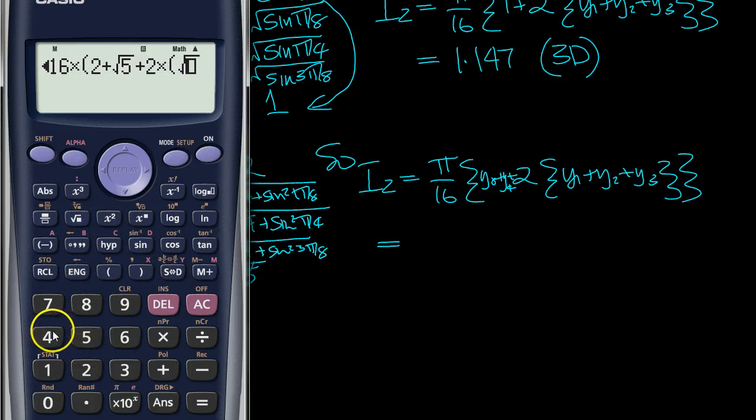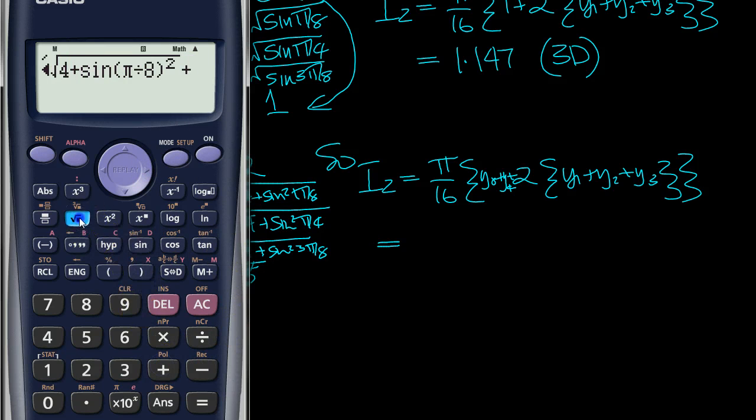Square root of 4 plus sine. No, not that. I don't want to do that. Sine of pi over 8. Shift pi divided by 8. Close that bracket and then square that value. That's it. That's what we wanted.